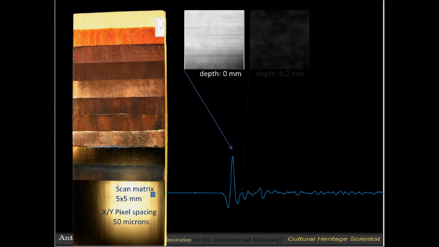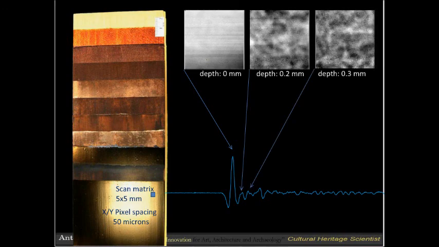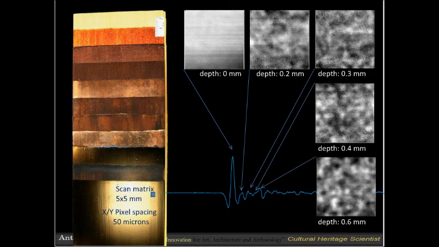Then we can choose to visualize deeper subsurfaces such as 0.2 mm, 0.3 mm, 0.4 mm and 0.6 mm. The only image that shows a regular pattern is the one taken at 0.4 mm.